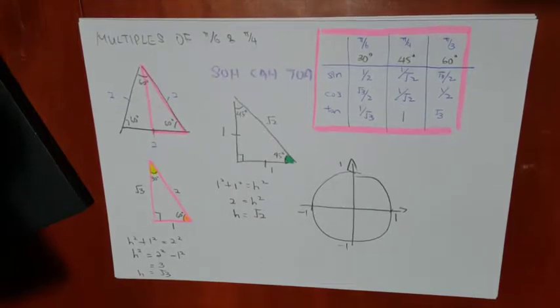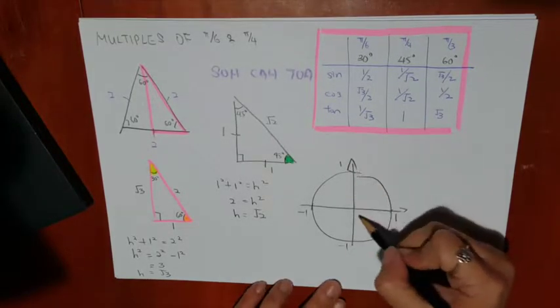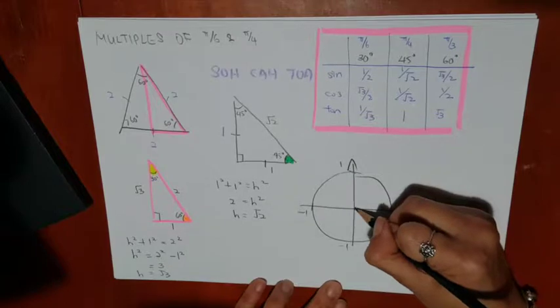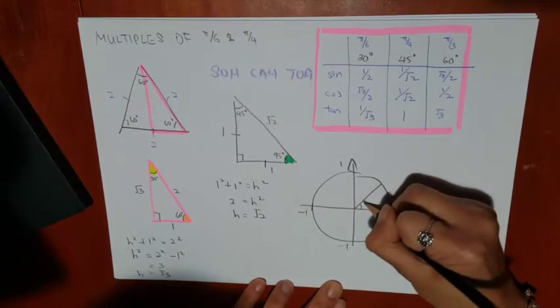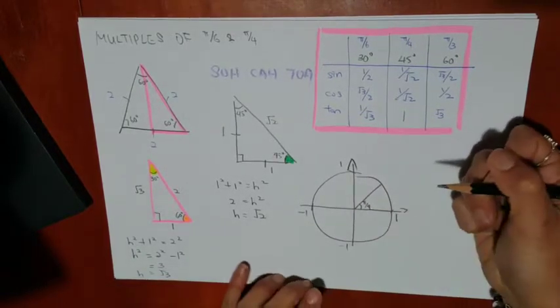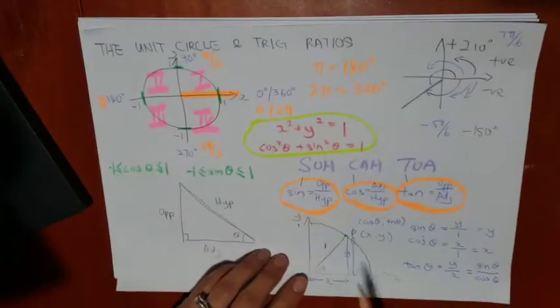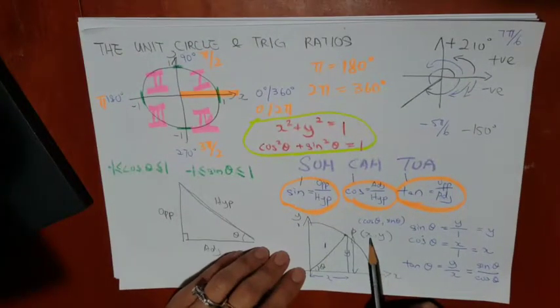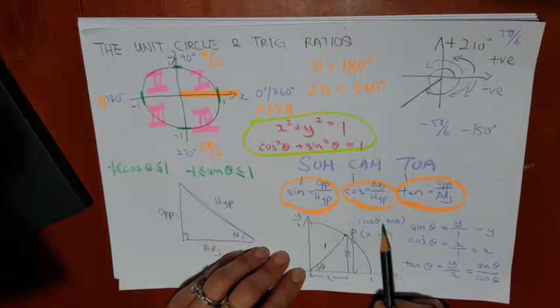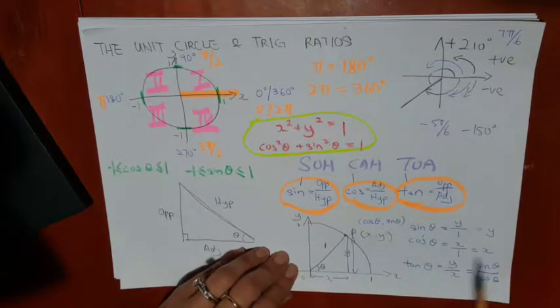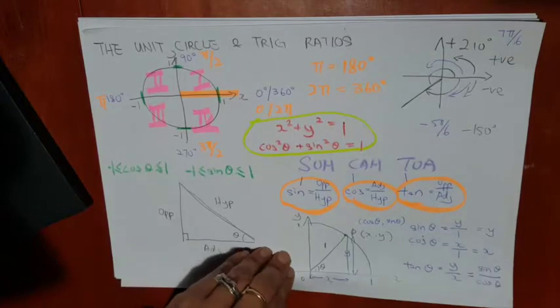What does this mean? It means that if this is 90, half of 90 is pi over 4. And we have also learned before that in a unit circle, the coordinate could be cos theta and sine theta instead of x and y. So we have to remember this as well.